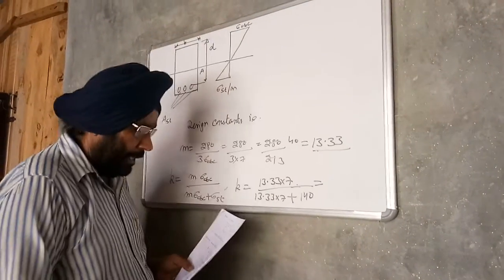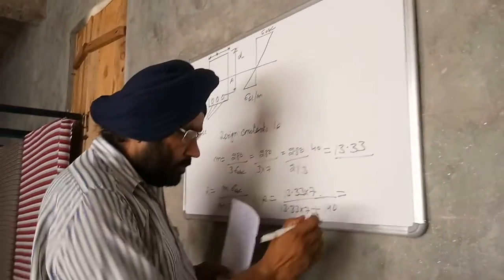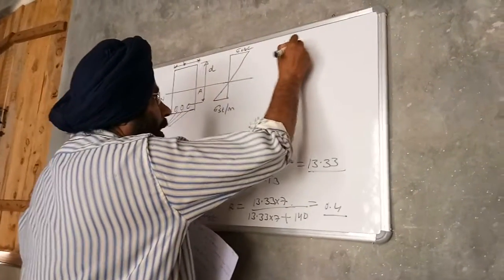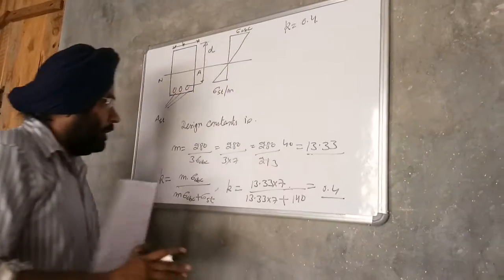So the value of K comes out to be 0.4. So K means neutral axis factor, its value is 0.4.